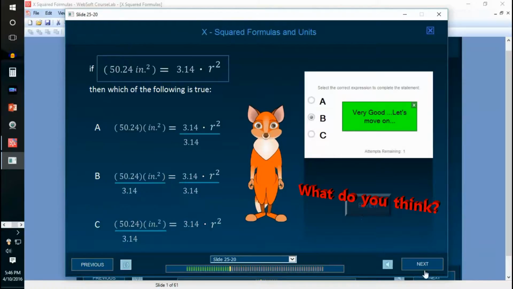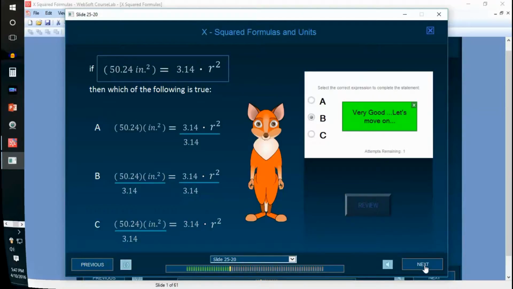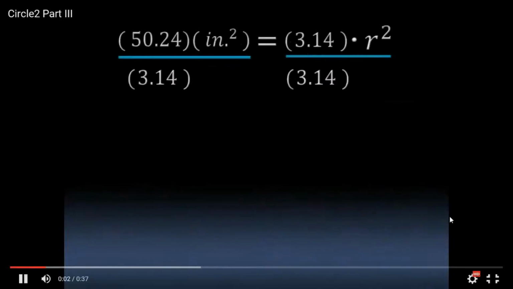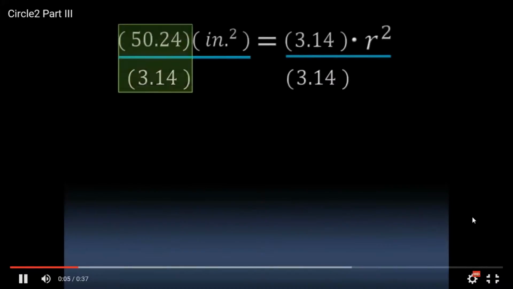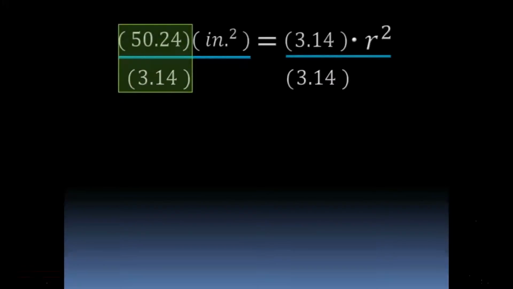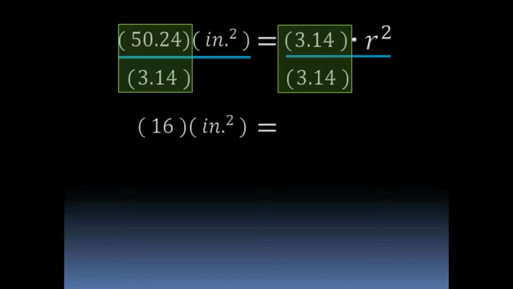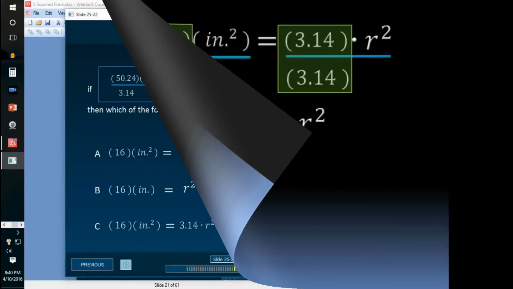Very nice. The next step in our calculation is answer choice B. We are at this point now. 50.24 divided by 3.14 works out to be 16 inches squared equals 3.14 divided by 3.14 is 1 times r squared is r squared.